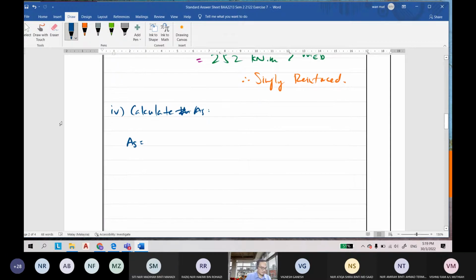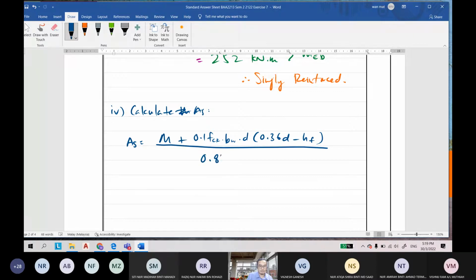This is the equation: M plus 0.1 FCK times BW times D multiplied by 0.36 D minus HF, divided by 0.87 FYK multiplied by D minus HF over 2. So just insert the values carefully.